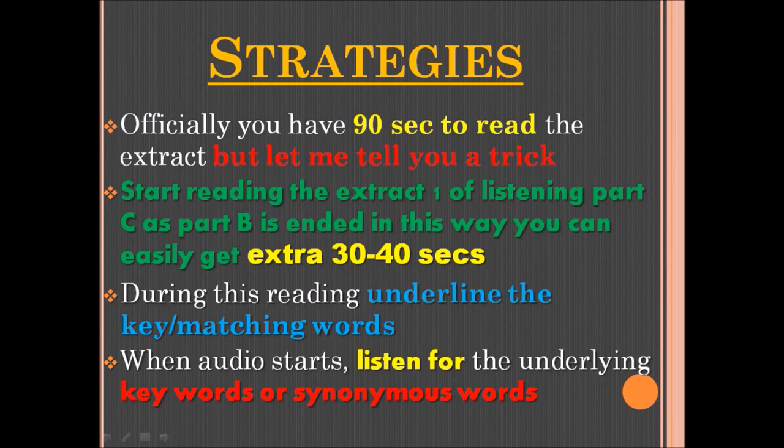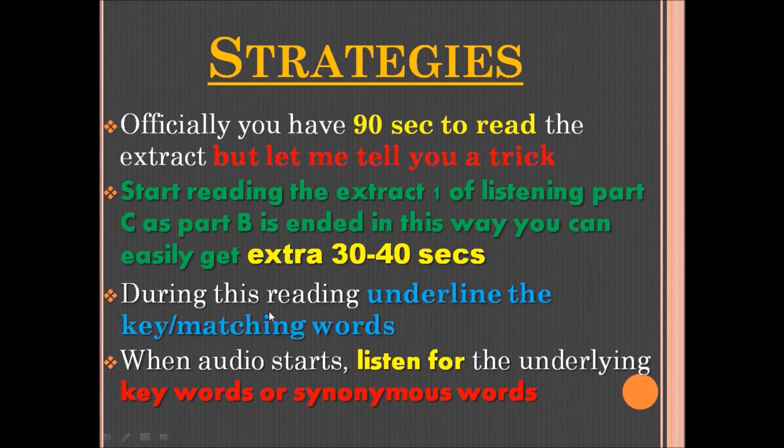As soon as part B ends, start reading extract 1 of listening part C. In this way you can easily have 30, 40, 60 seconds of extra time, so you can add these 60 seconds to the officially given 90 seconds to read the 6 questions and answer options.